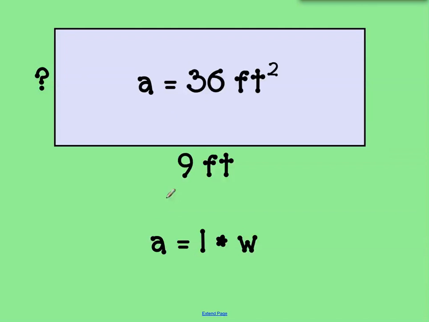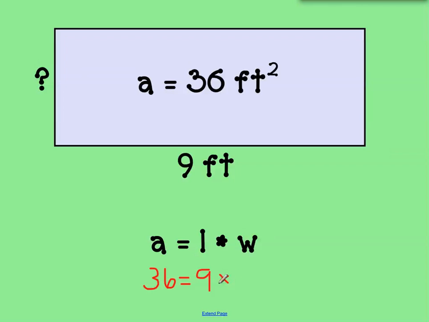Okay, now that you've done that, we are going to substitute the numbers that we know in our formula, and that's going to help us figure out this missing side over here. So I know that area is 36 feet, so I'm going to substitute the A with 36. And I know that the length is 9, so I'm going to substitute the L with a 9.